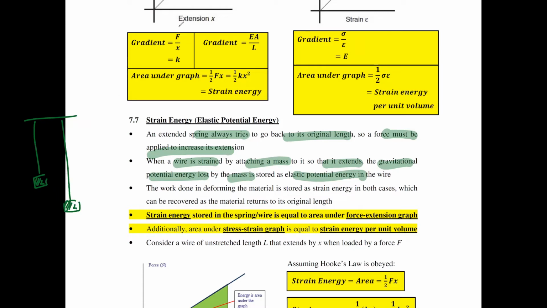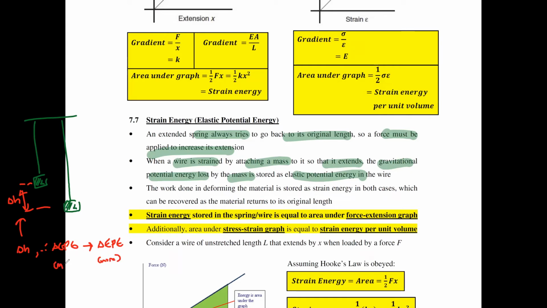So you see your mass has actually dropped in height. There's a change in height, therefore a change in GPE. According to conservation of energy, if you lose energy in one form, you must gain energy in another form, right? So this GPE that's lost is actually converted to elastic potential energy of the wire.